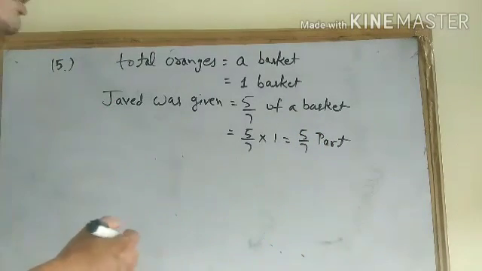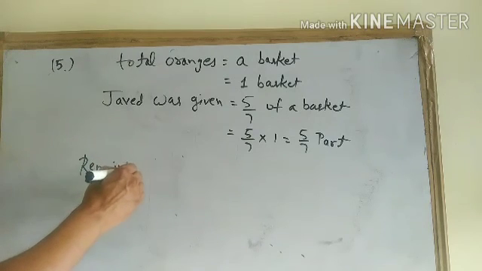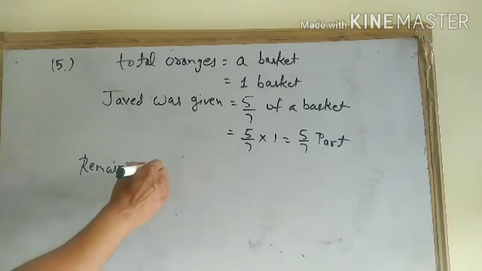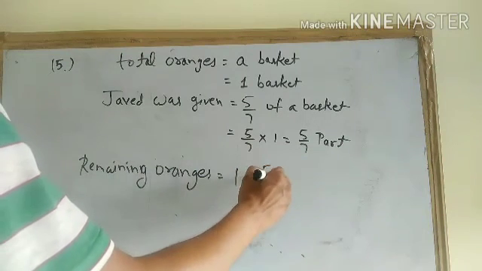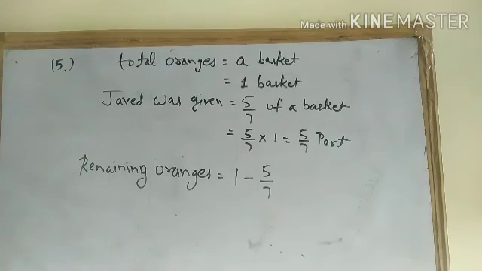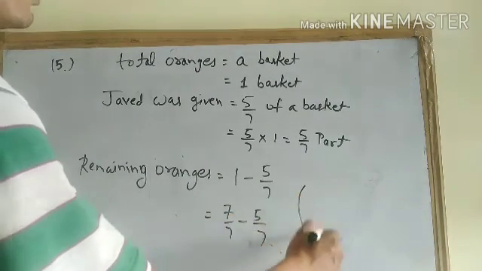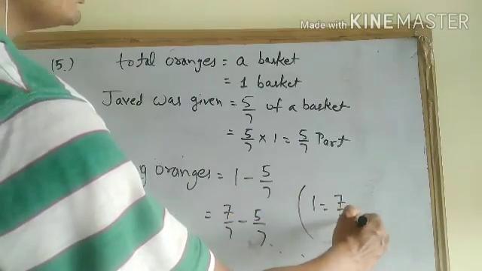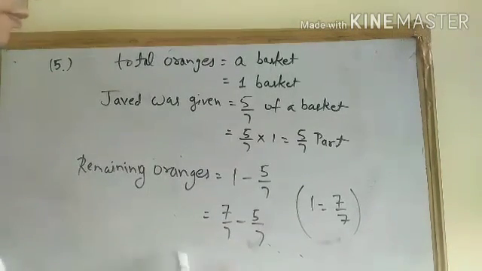Now we have to tell the remaining oranges. Remaining oranges equal to 1 minus 5/7. As I already told you, in place of 1 you can write 7/7. You know why? Because 1 equals 7/7.